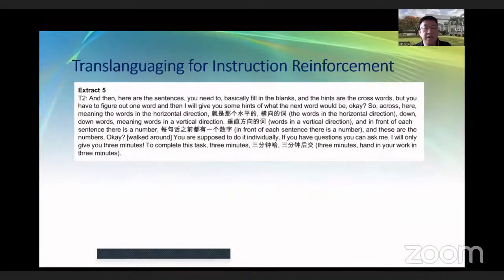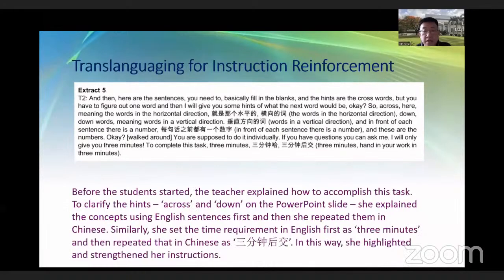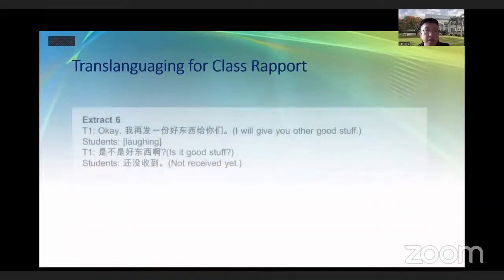And translanguaging was also used for instruction reinforcement, right? The teacher mentioned, hand in your work in 3 minutes, in Chinese, right? To reinforce the instruction, she highlighted and strengthened her instructions.